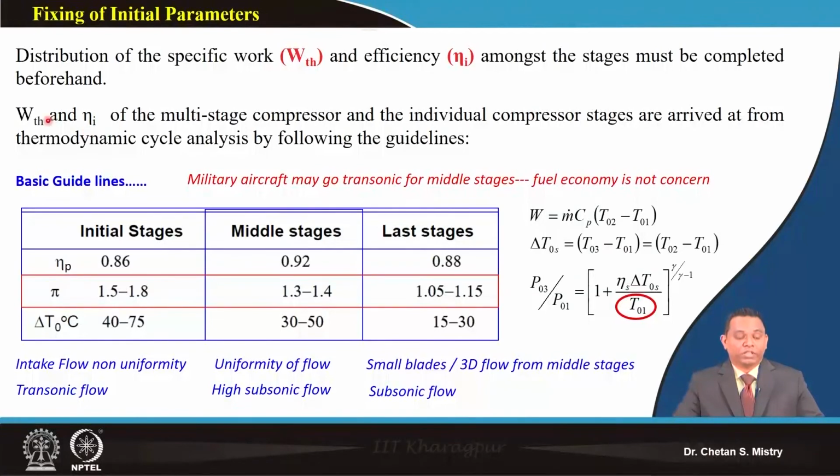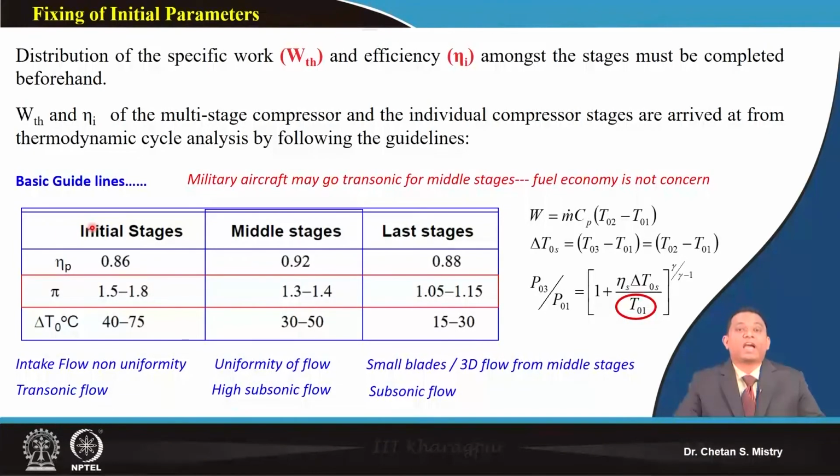The guidelines we are discussing at this moment are very important and need to be realized at the very beginning stage. You cannot select these numbers randomly. There is a systematic logic behind the selection of these numbers.